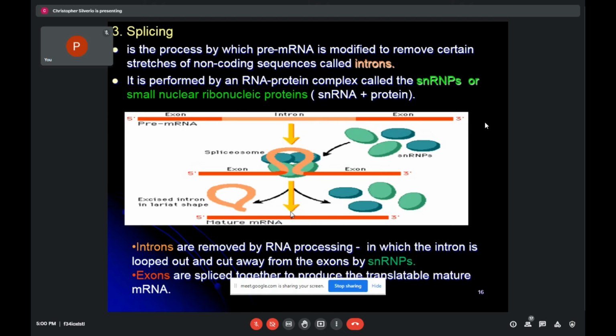Michaela Alabado, do you know what that is? How the gap is joined? Do you know how that gap is joined?